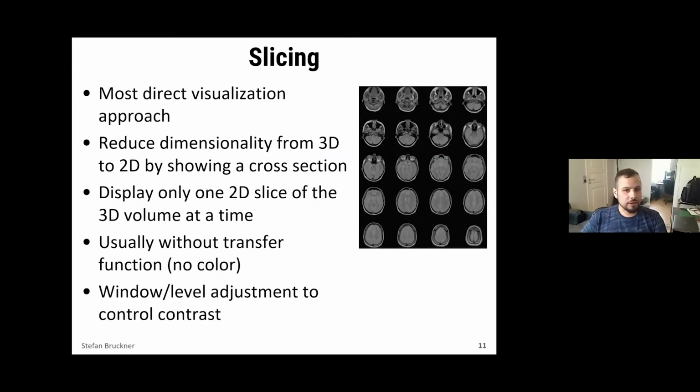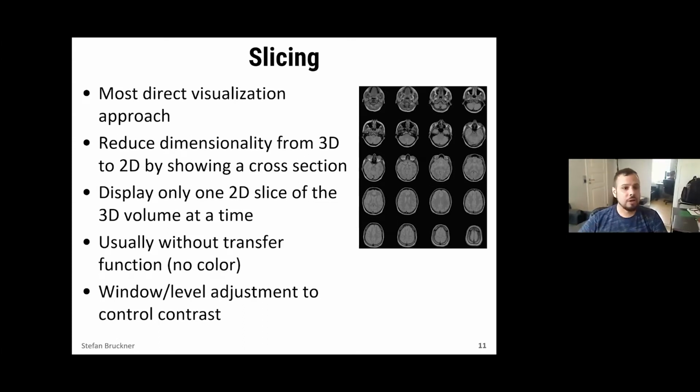And maybe the simplest thing that we can do is to visualize our data as individual slices, which was in fact the earliest thing to do. And nowadays, this is not really done any more, but it was quite common that even though you acquired three-dimensional volumetric data, radiologists would, for instance, look at the actual radiographs on a light box.